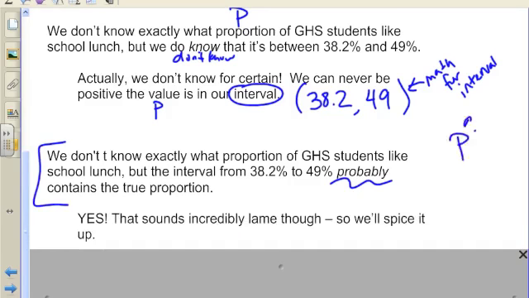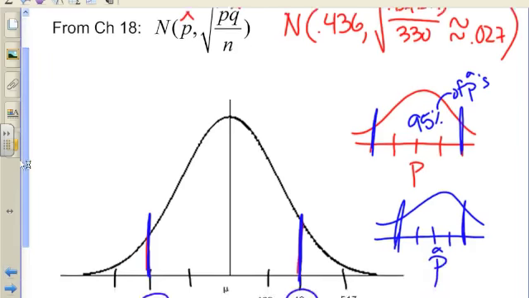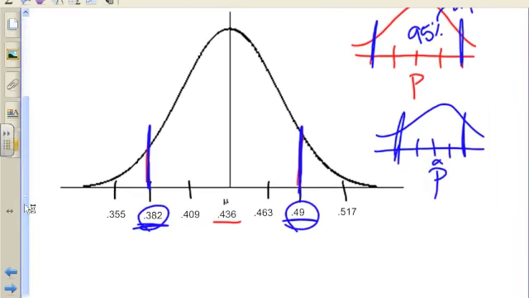But I'm making a guess. I made my guess based upon this normal model and what I know about sampling distributions. So I just reached out 2 standard deviations in either direction. There's no guarantee that the true proportion is in there, but I'm pretty sure. 95%.